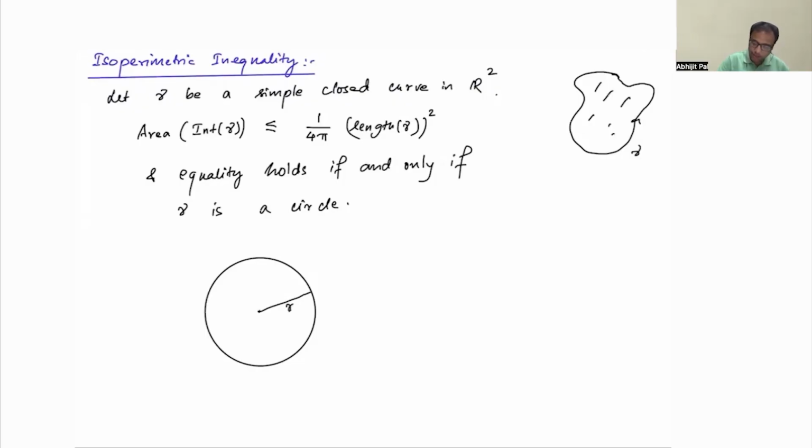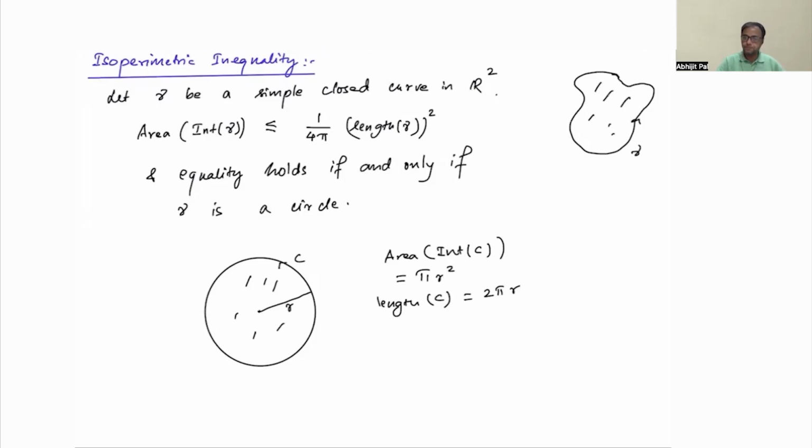Call this circle C. The area of the interior of C, which is this region, is equal to pi r square, and the length of C is equal to 2 pi r.